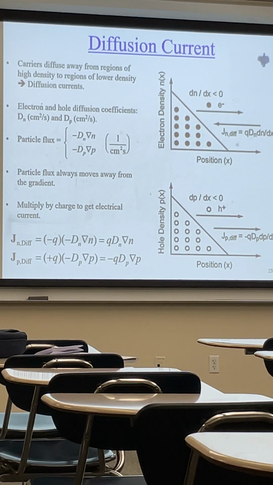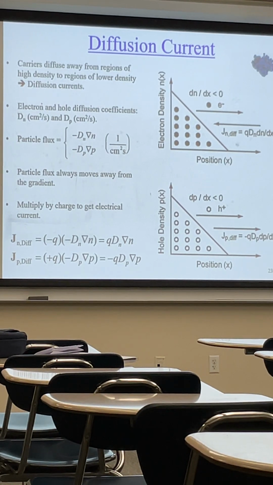And this is true for holes. This is the hole density like this. So the holes will diffuse from the high concentration region to the low concentration region, and this is the hole flux.